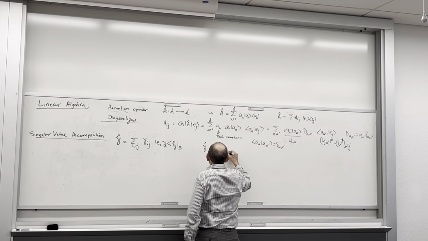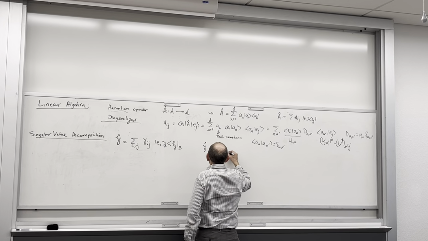Now, what the singular value decomposition tells me is that I can write this operator in the following way, in a kind of bi-orthogonal manner, with left and right eigenvectors, sort of.